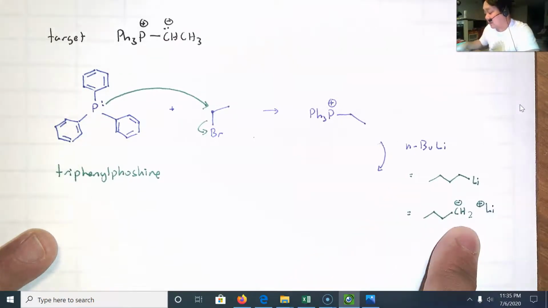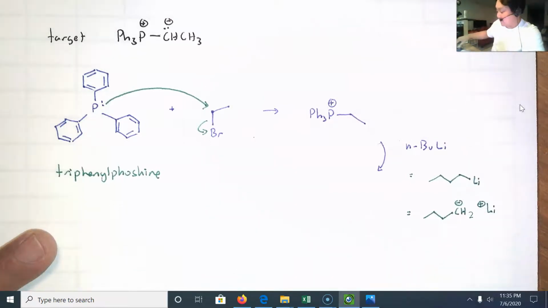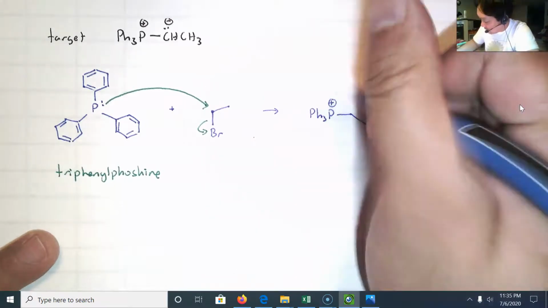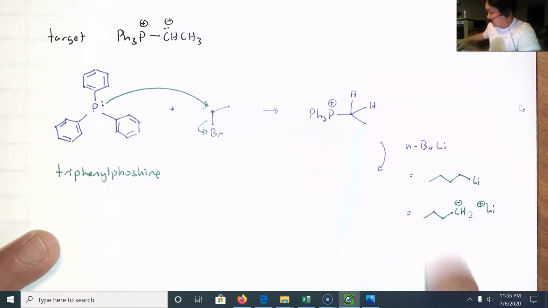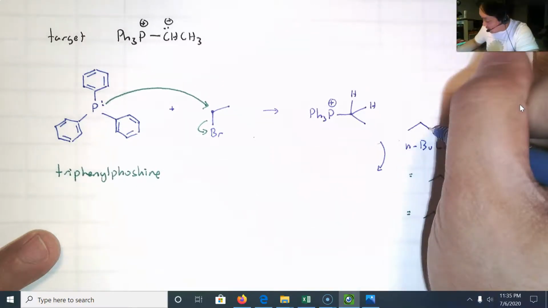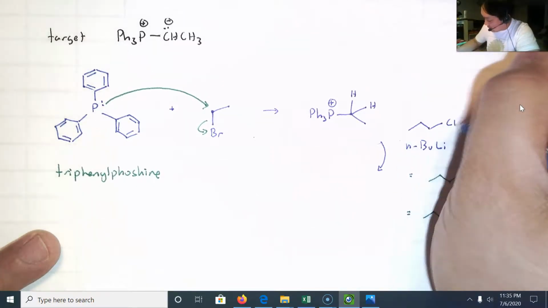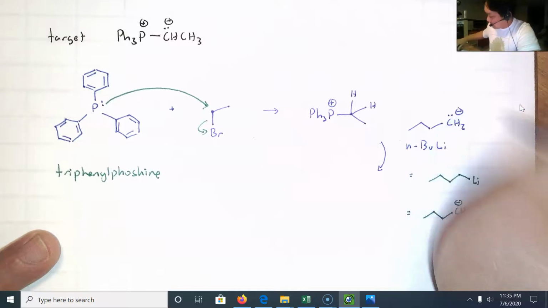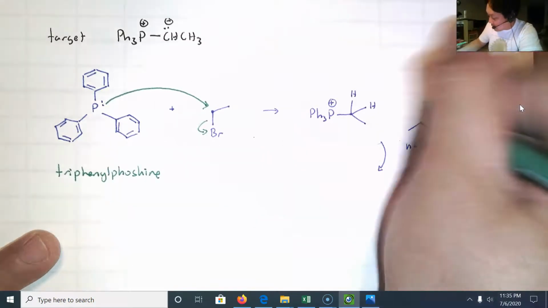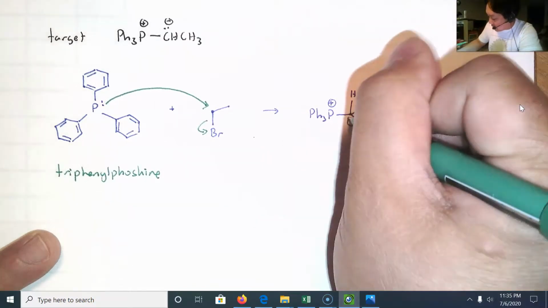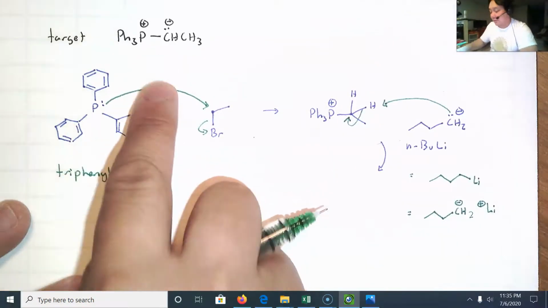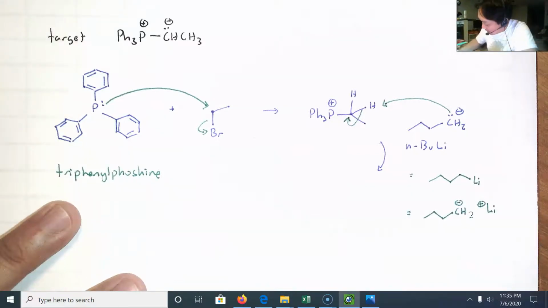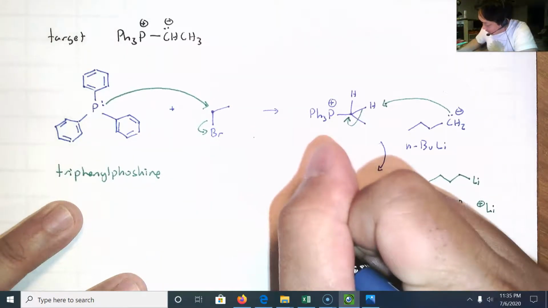Okay, so yeah, should I do the mechanism? I'll just do the mechanism. Let me draw n-butyl lithium again here. Base grabs a proton, and we make the anion. That's where we get the C minus from the second step. And how are we going to draw this?